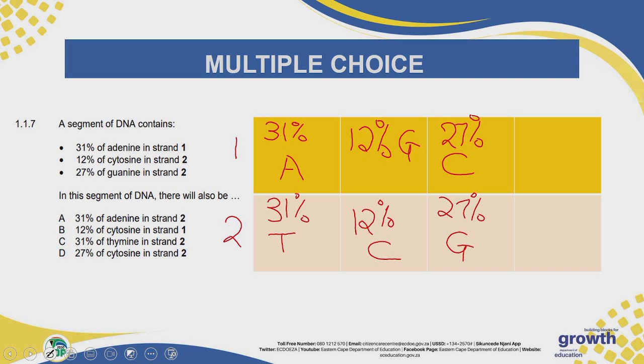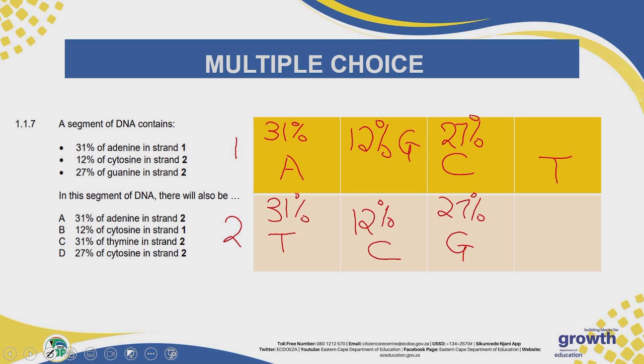Right. So it means that here in strand 1, we are short of the percentage of thymine, because we know the percentage of adenine, we know the percentage of G and the percentage of C. Now all these percentages should add up to 100. So 31 plus 12 gives us 43.